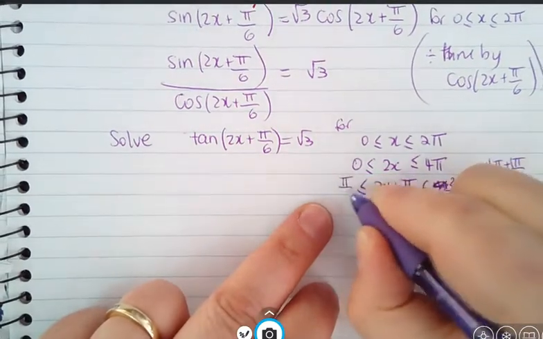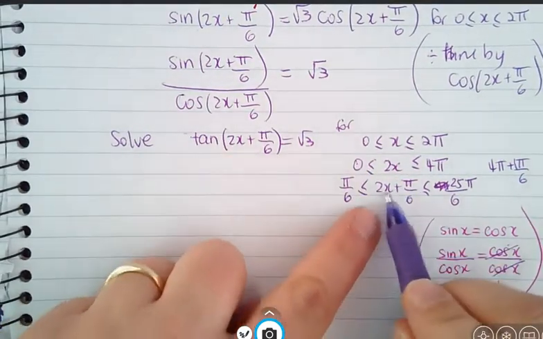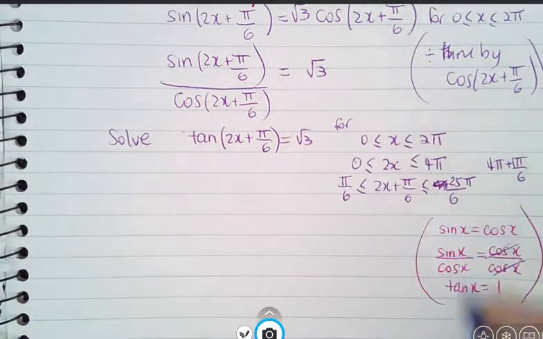And the lower end is pi on 6, because we're adding pi on 6 to build up 2x plus pi on 6. So that's your new domain.